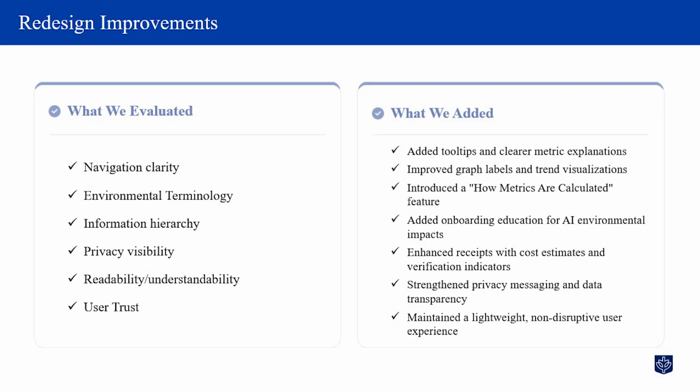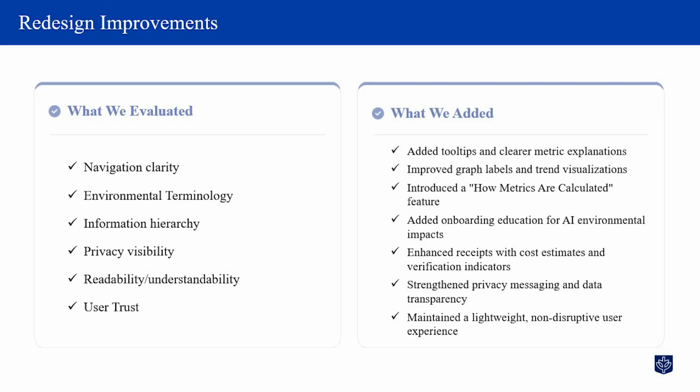Because of this feedback, our redesign focused on improving clarity, transparency, and user trust rather than changing the overall navigation structure. The dashboard received the largest updates, including informational tooltips, clear graph labels, improved helper text, and a new How Metrics Are Calculated feature to explain how environmental and financial estimates are generated.